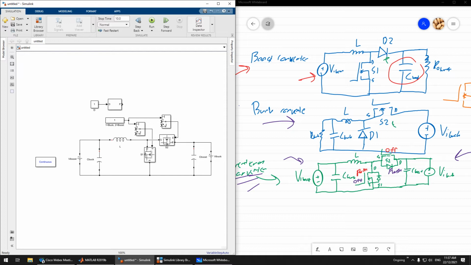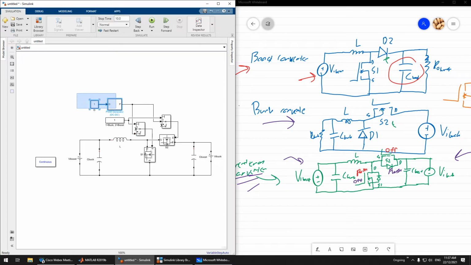So you can see here in buck mode, you switch at switch 2 and switch 1 is 0. So buck mode is 1, so connect to 1. And for boost mode, the switch is switch 1. So switch 1 will receive the PWM, but because this is boost, you connect it at number 2. Something like that.